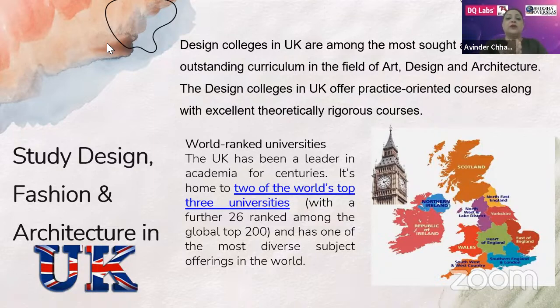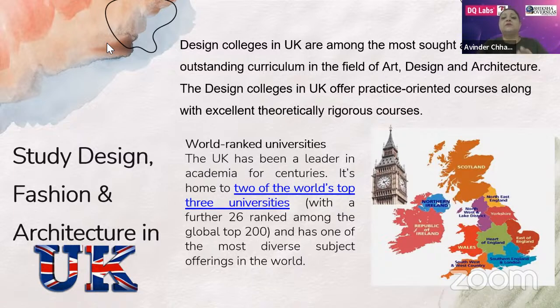These colleges in the UK offer very practice-oriented courses, along with excellent, theoretically rigorous courses. The UK has some very world-ranked universities. It's been a leader in academia for centuries. They have some of the oldest universities, and it's home to two of the world's top 3 universities, with a further 26 ranked among the global top 200.